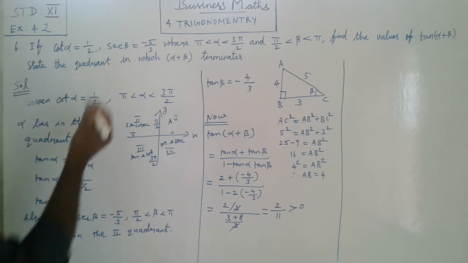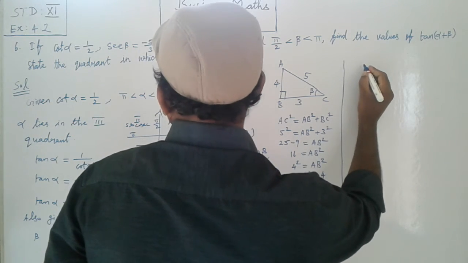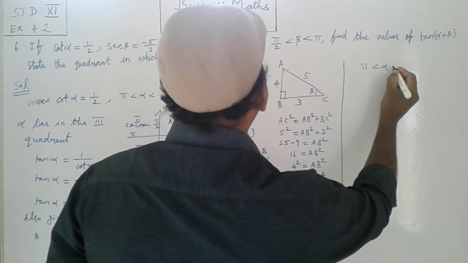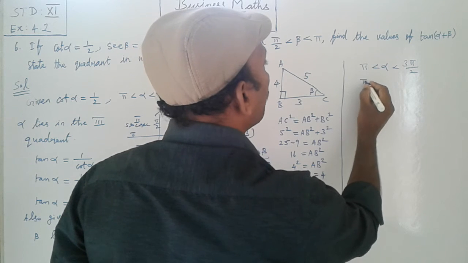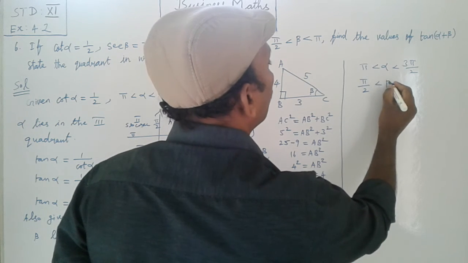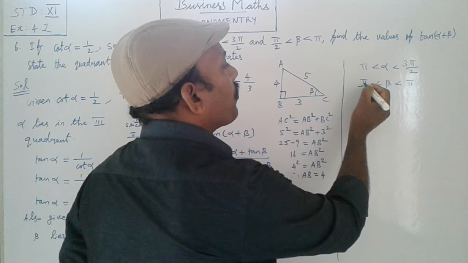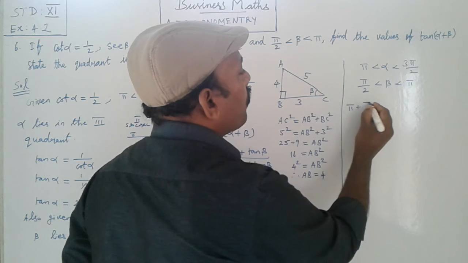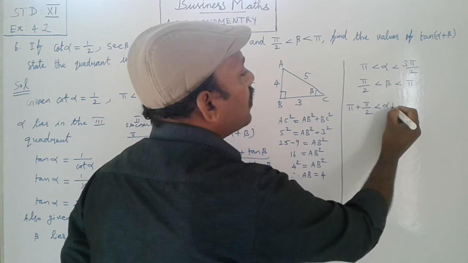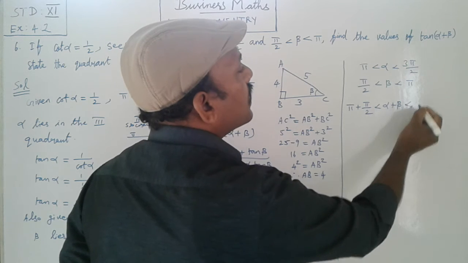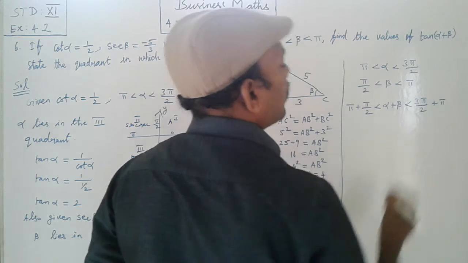Next, state the quadrant in which alpha plus beta terminates. Two limits are given: pi less than alpha less than 3 pi by 2, and pi by 2 less than beta less than pi. We add both: pi plus pi by 2 less than alpha plus beta less than 3 pi by 2 plus pi.